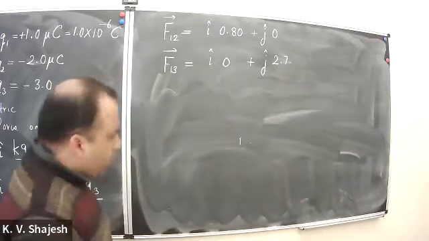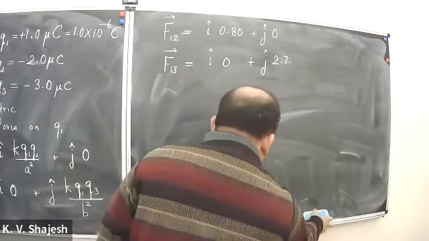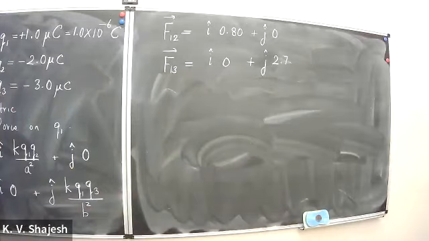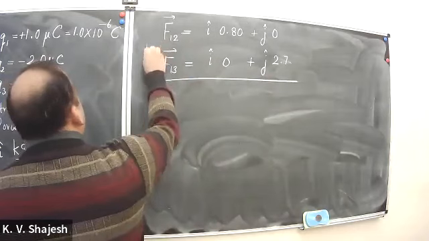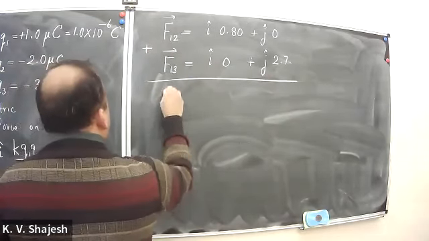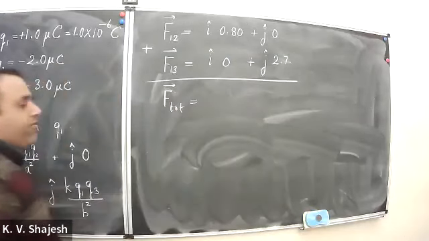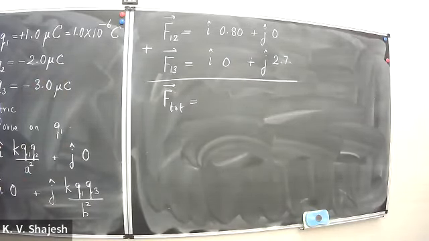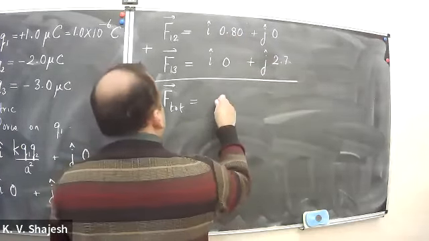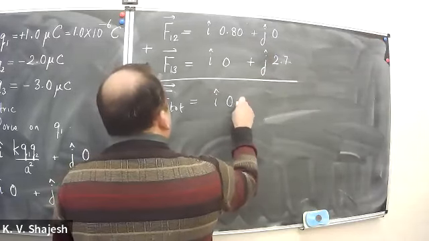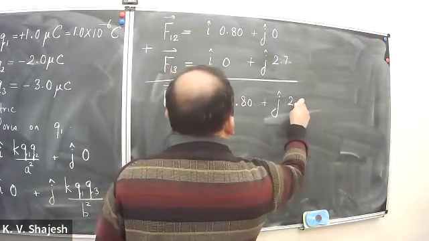We are interested in the total force. And when we say total force, we should have both a magnitude and direction to that. So I just have to add these two forces. The total force F, when you have it in the X and Y components, is very easy. You just add the components separately. So this is i hat times 0.80 plus j hat times 2.7.